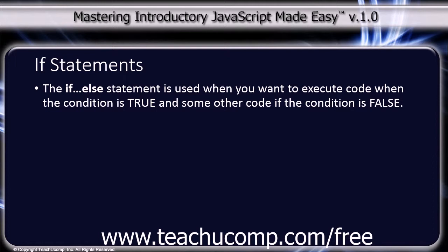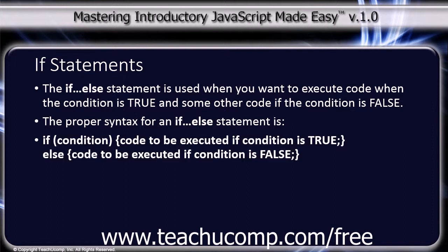The if-else statement is used when you want to execute some code when the condition is true, and some other code if the condition is false. The syntax for an if-else statement is if, with the condition to be tested in parentheses, followed by the open curly bracket, and the code to be executed if the condition is true, and a closed curly bracket, and the term else, and the open curly bracket, and the code to be executed if the condition is false, with the closed curly bracket.